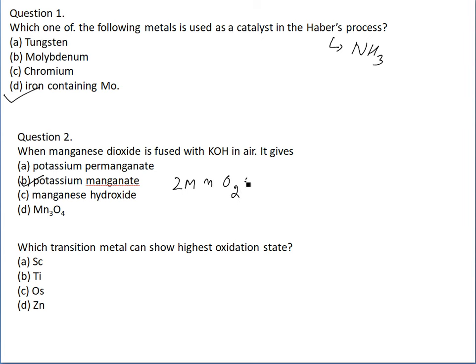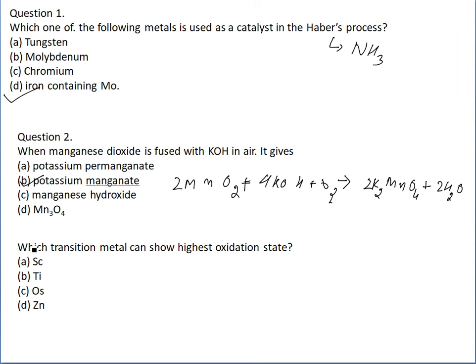MnO2 plus KOH plus O2, it will give K2MnO4 plus 2H2O. This is the reaction, and we will get potassium manganate. When blackish colored compound MnO2 is fused with KOH in presence of air, it produces a dark green colored compound, potassium manganate. Okay, so the answer is potassium manganate.